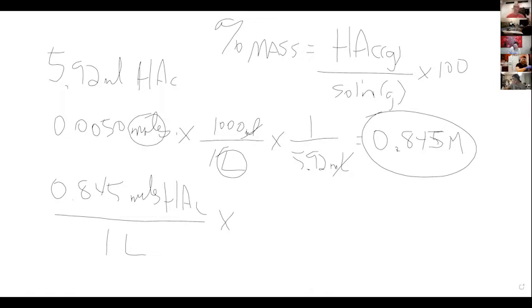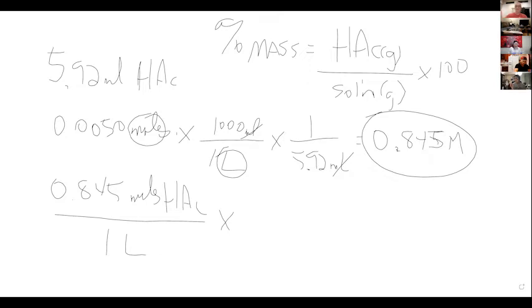Remember, that's what percent mass means. The mass of my solute, in this instance acetic acid, over the mass of the entire solution. So I need to know the mass of that many moles. So my mass of acetic acid in 1 liter, I need to convert moles of acetic acid to grams.